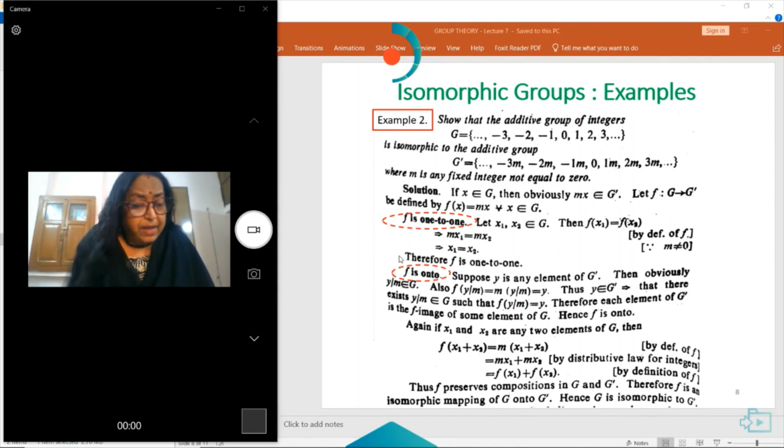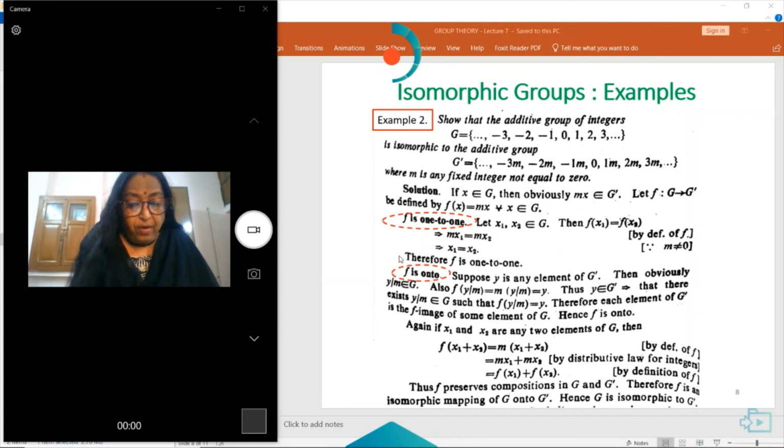Again, if x1 and x2 are elements of G, since G is an additive group, x1 and x2 belong to G, this implies x1 plus x2 also belongs to G. So f of x1 plus x2 is equal to mx1 plus mx2, and that is f(x1) plus f(x2).